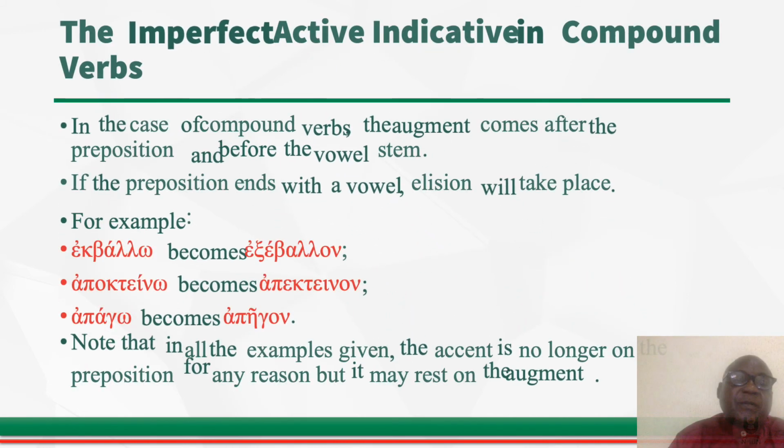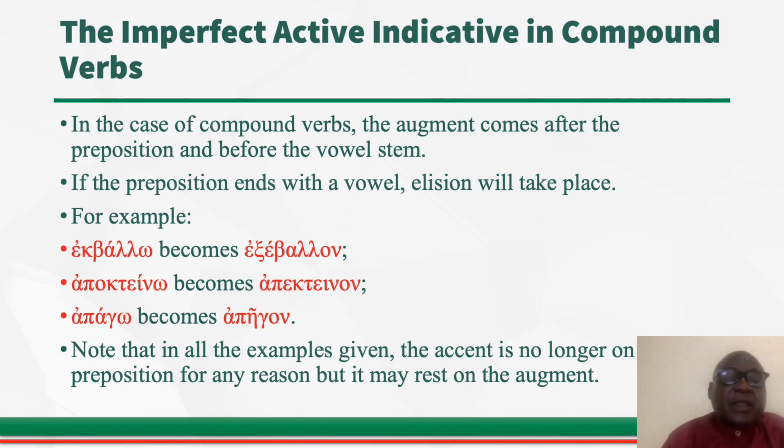Now, the imperfect active indicative in compound verbs. Remember, compound verbs are verbs that have a preposition coming before the verb. If the preposition ends with a vowel, elision will take place. Let's look at this.